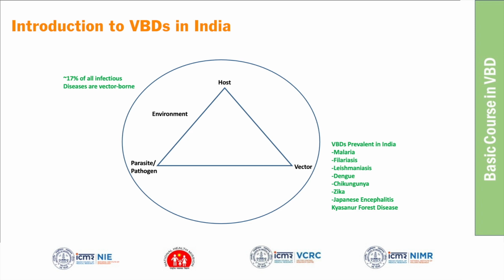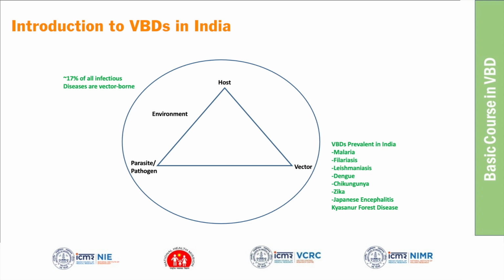This is a central triad, which is a famous triad of host, vector, and parasite or pathogen. The pathogens are moved from host to the next host via vectors. And the environment regulates this transmission.